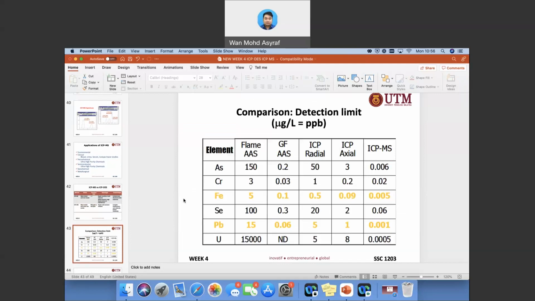For the detection limit, you can see, for example, iron here: for flame AAS, the detection limit for iron is at 5 ppb, but for ICP-MS, iron can go down to 0.05 ppb.